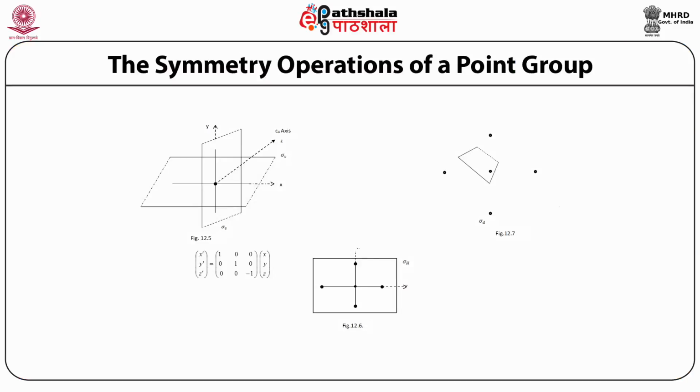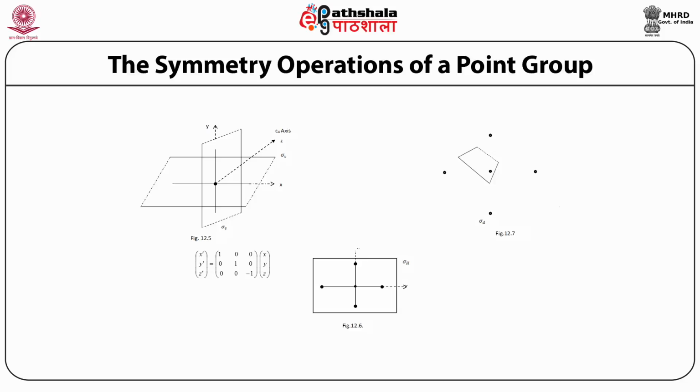For the above planar molecules, the planes sigma h, sigma v and sigma d are shown in the slide. Symmetry operation rotations, we have reflection. A molecule may exhibit symmetry under reflections. The reflection can be in a plane which is perpendicular to the principal axis. It could be a plane which contains the principal axis, or it could be a plane which contains the principal axis but bisects the angle between three molecules.